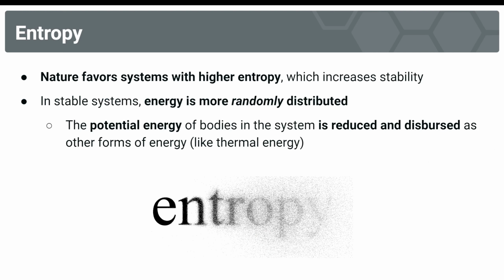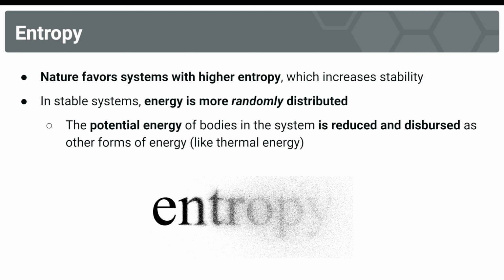All right. And now this concept might be the most abstract of our discussion today, but I want you to consider entropy. There are many definitions, but in the context of our discussion, I'm going to describe it as the dispersion of energy in a system.